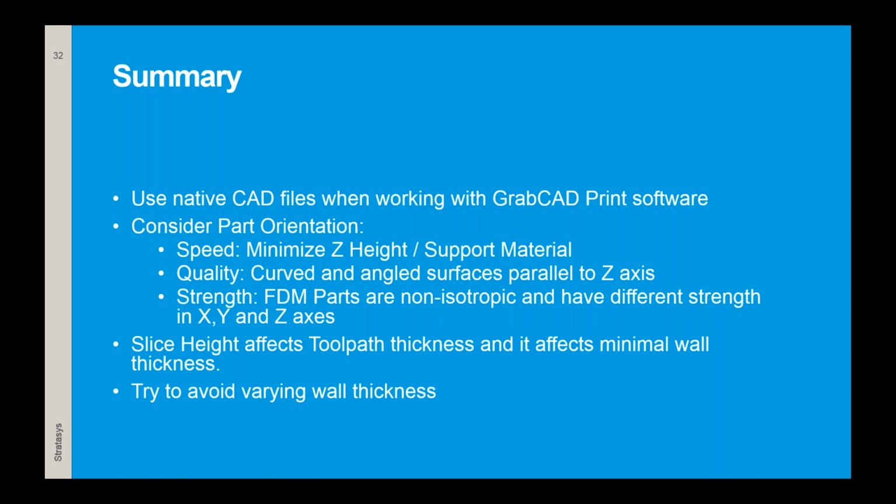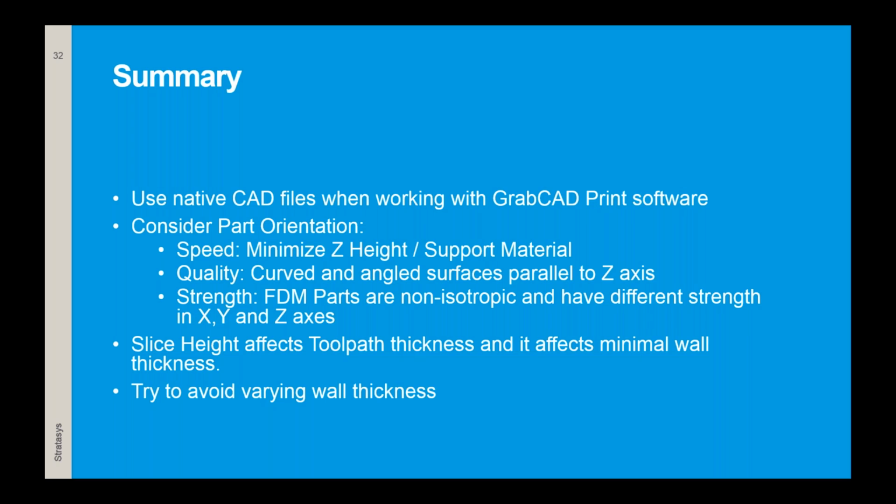So if you know the slice height that will be used for printing, adjust your wall thicknesses accordingly, or you can tell the operator to use a certain slice height. And also try to avoid varying wall thicknesses altogether.